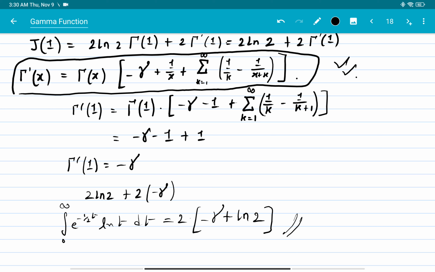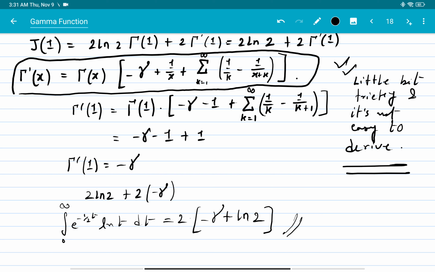This derivation is a little bit tricky, and it is not easy to derive. So in some sorts of problems it will be given, or you have to figure it out, but still it is not easy to derive.